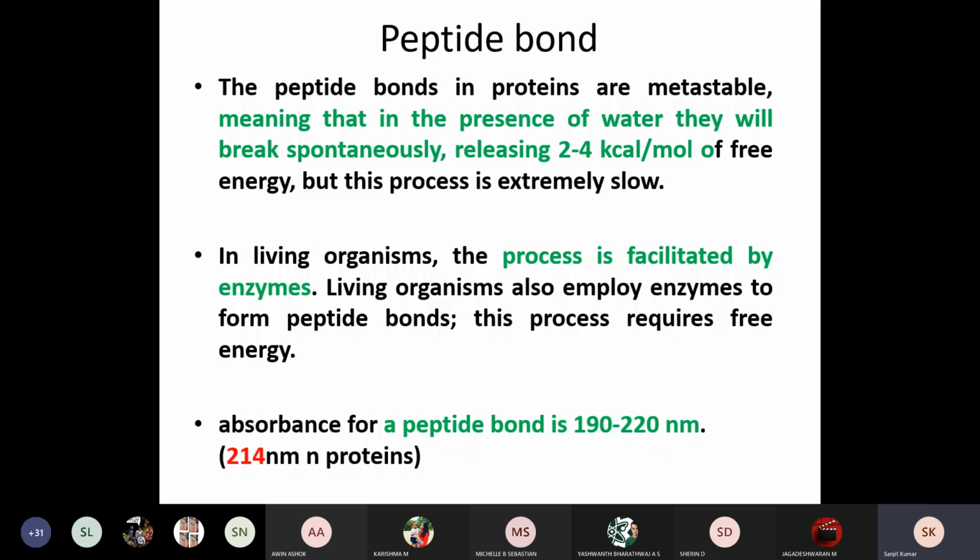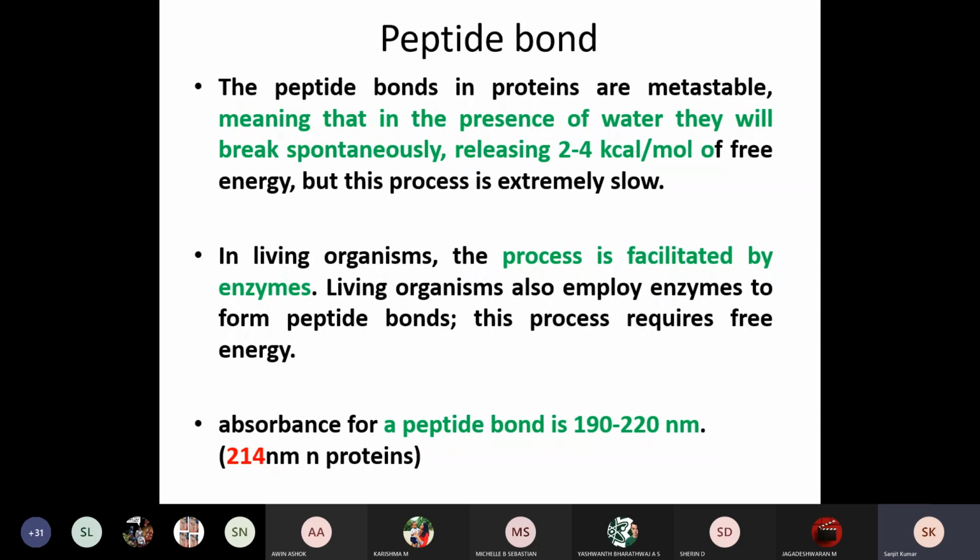If you have a pure protein, take the OD at 280 nanometers. At what wavelength do you measure DNA? Anyone? 260 nanometers. We take DNA at 260, protein at 280, and peptide at 214.